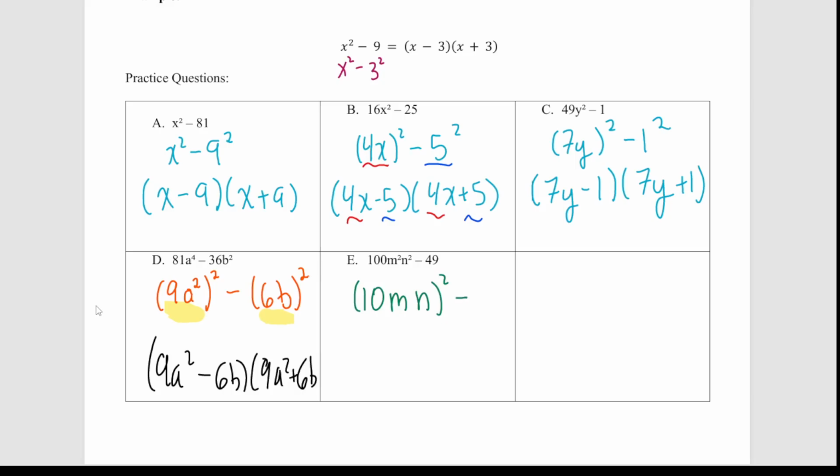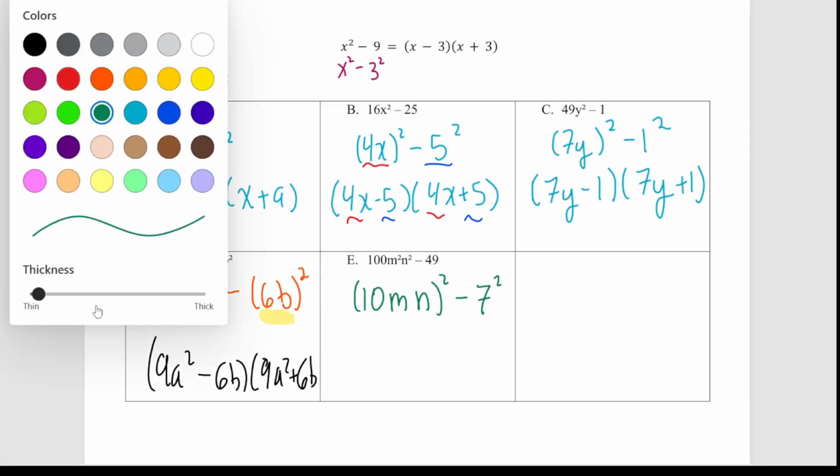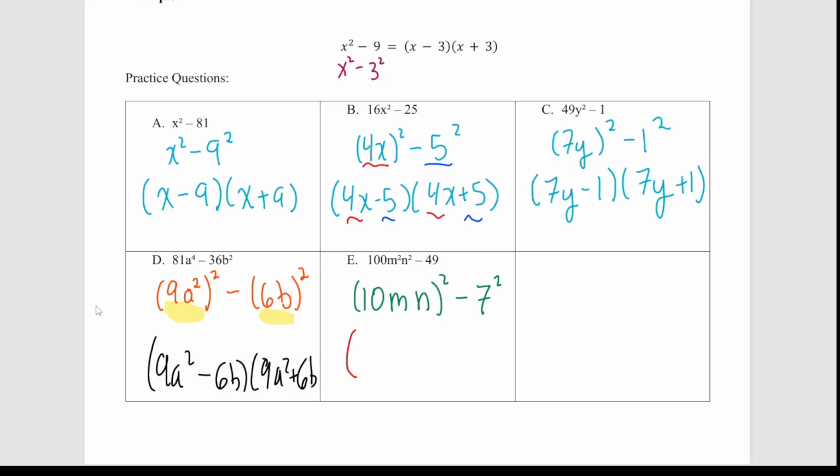Minus 7 times 7 gives us 49, so that must have been a 7 squared. Now that I have identified that, I can recognize this is 10mn minus 7 times 10mn plus 7. Again, the key is to plus or minus that last term, so that when you do a negative 7 times 7, for example, that gives you negative 7 squared, aka negative 49.